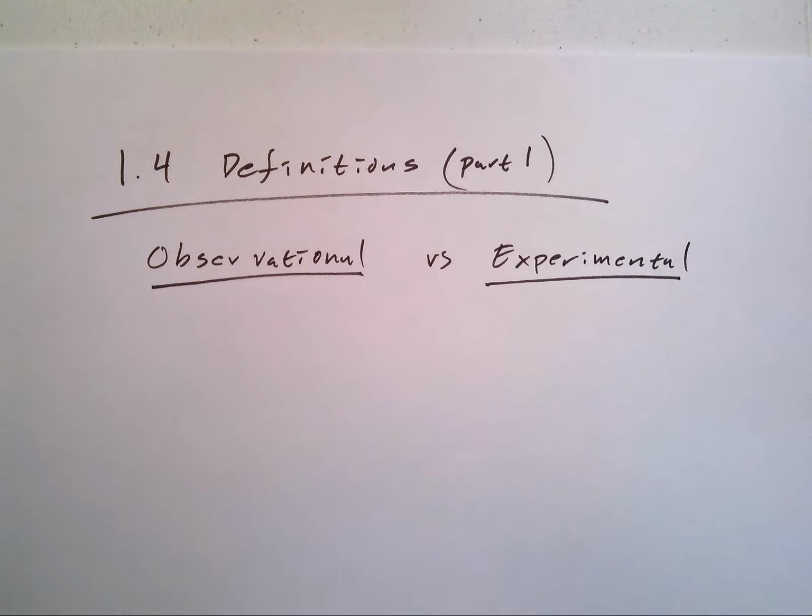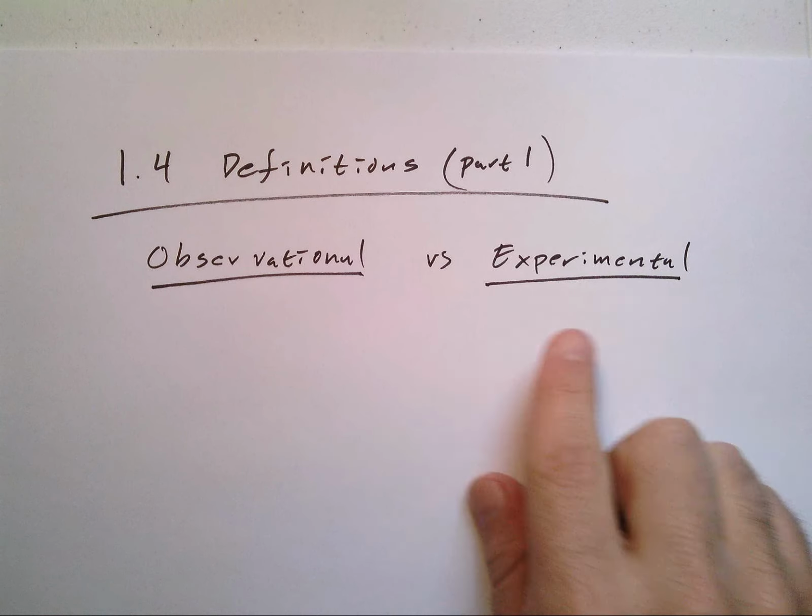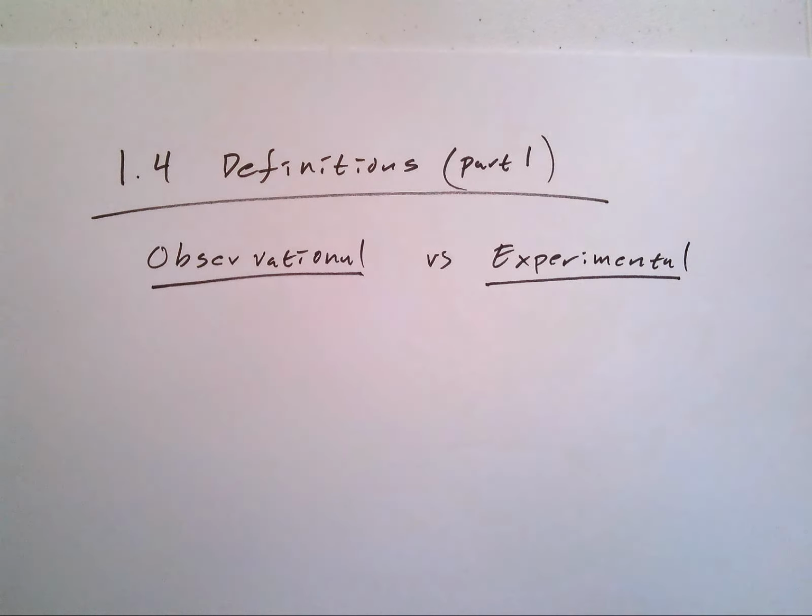Now, to contrast this, you have experimental studies. For an experimental study, the classic example is a double-blind study done by medical research to see the effectiveness of a medication, where you take your sample and you split it into two groups, the control and the experimental group.